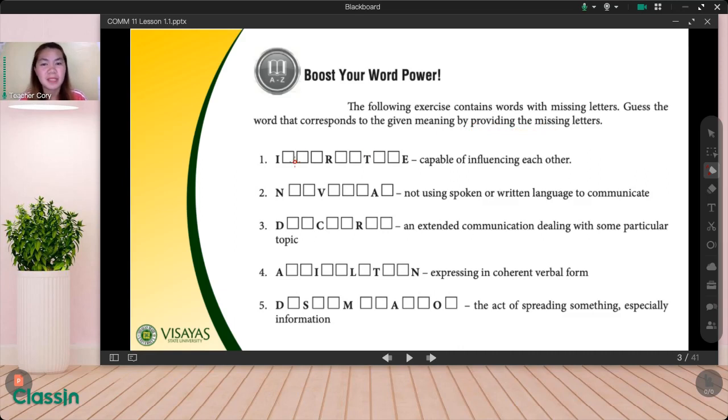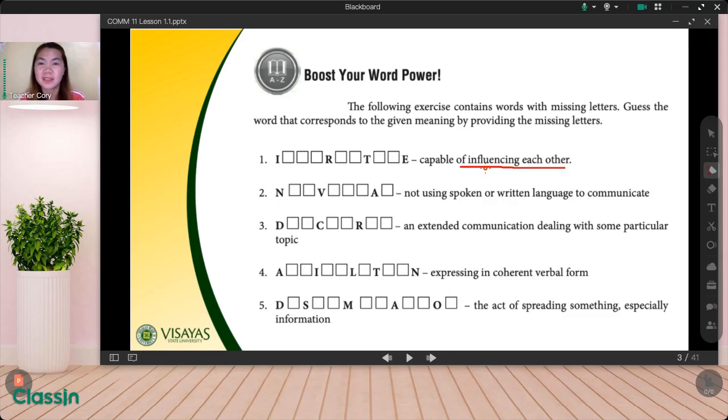I'll be giving you enough time to figure out the word here. The first one starts with I, with an R as the fifth letter, and then T and E at the end. This means capable of influencing each other. So what word is this? Capable of influencing each other.